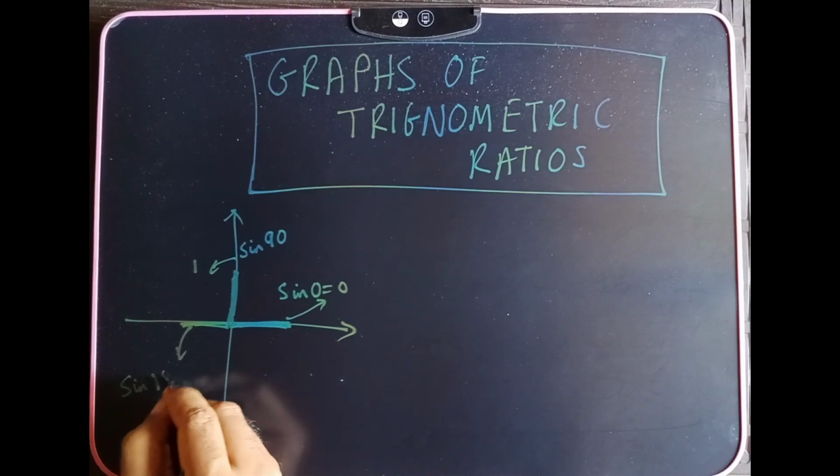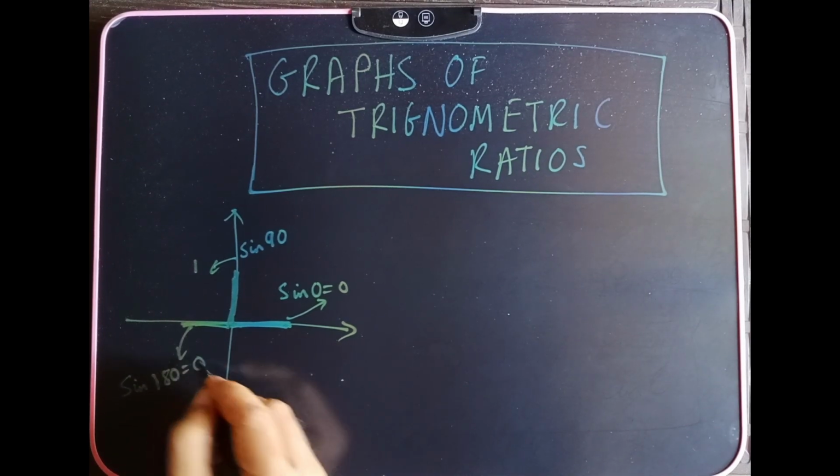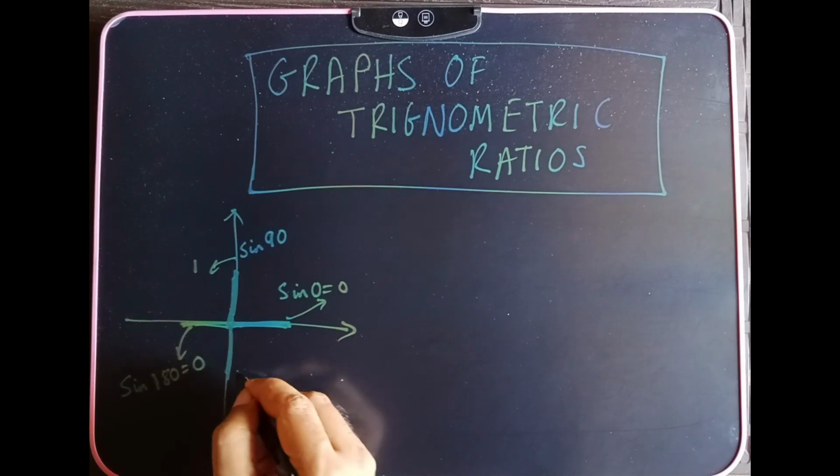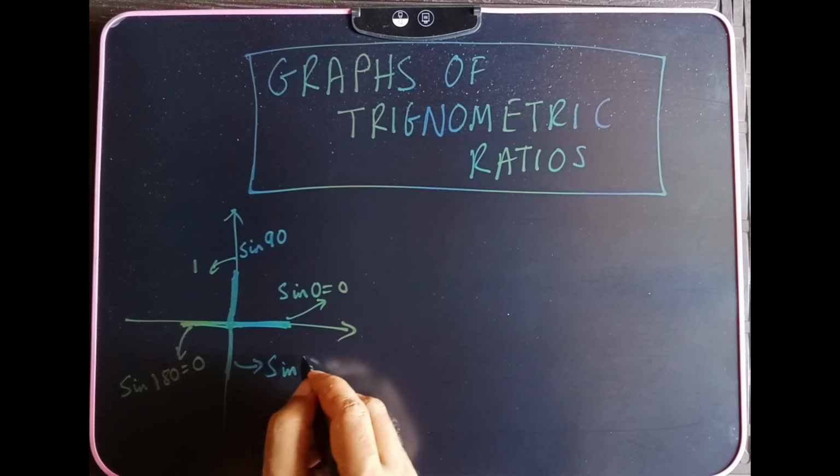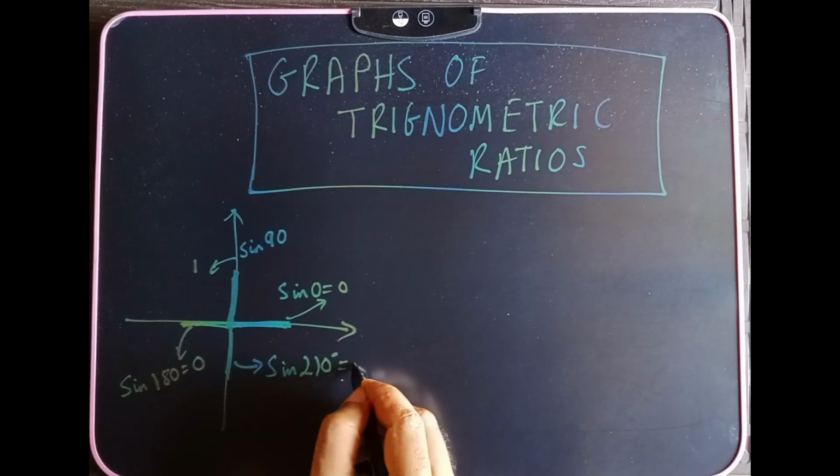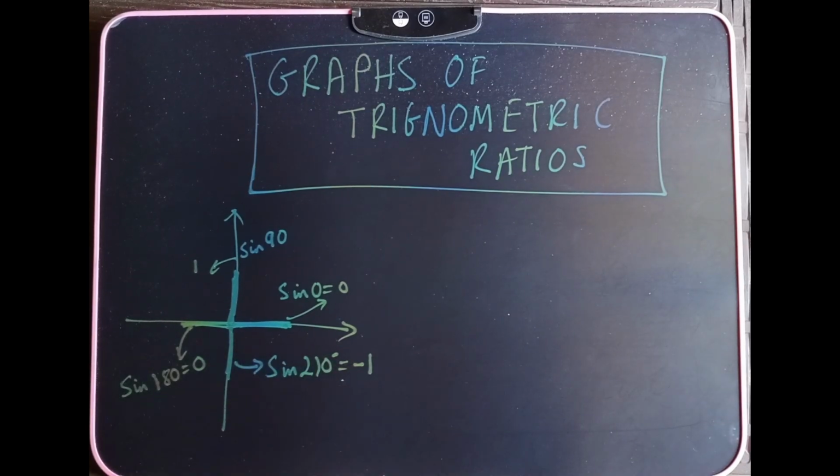Sine of 180 is 0. Sine of 270 is minus 1. Okay.